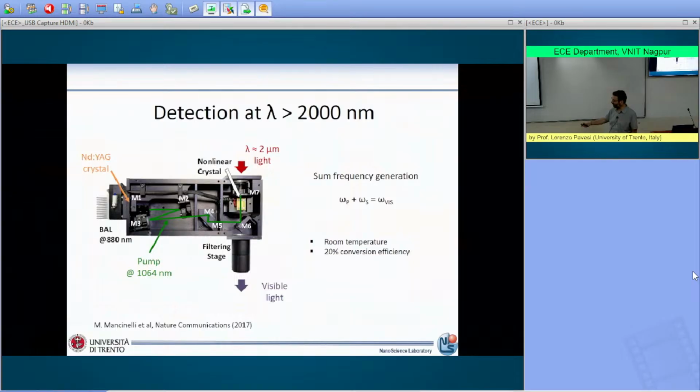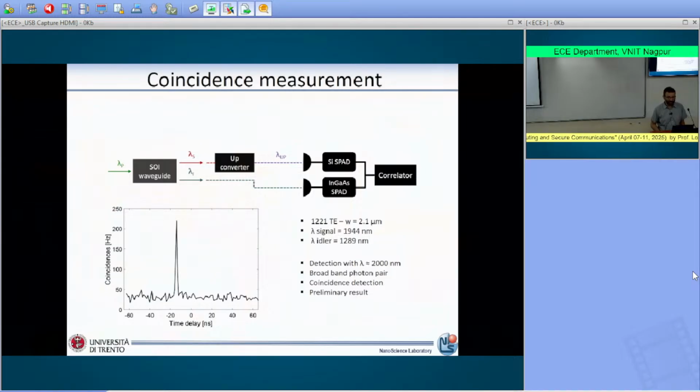We have published this in Nature Communications in collaboration with a Dutch research group. It has been patented, and now this Dutch group is selling this kind of detector.